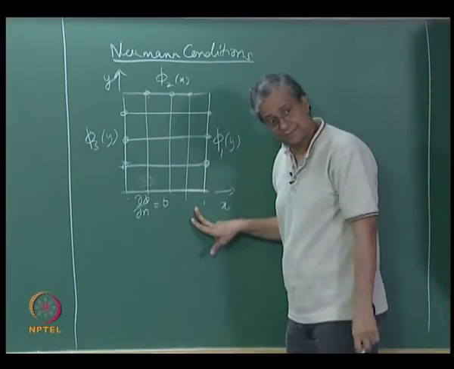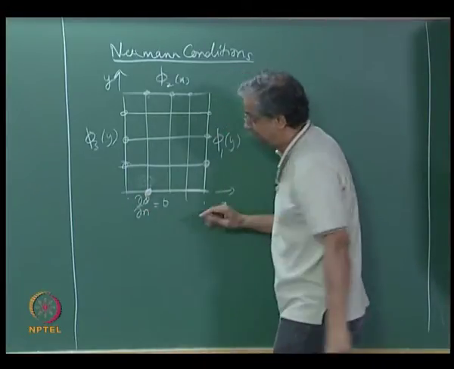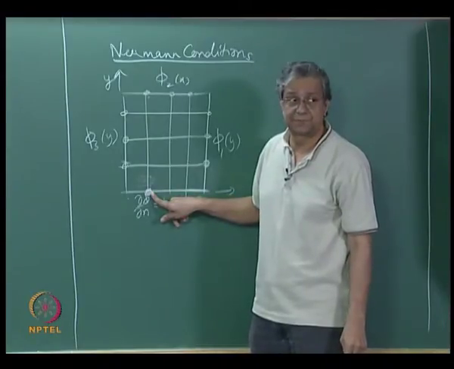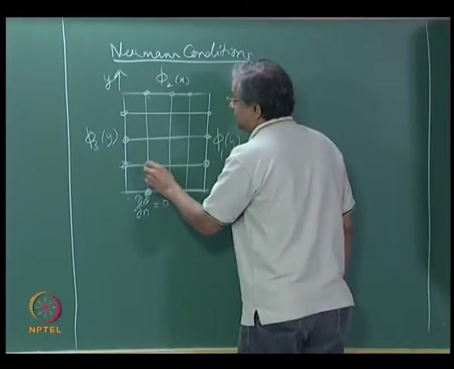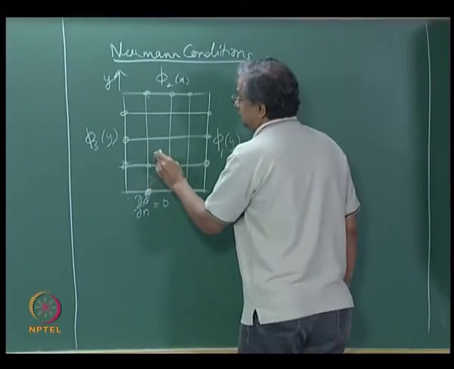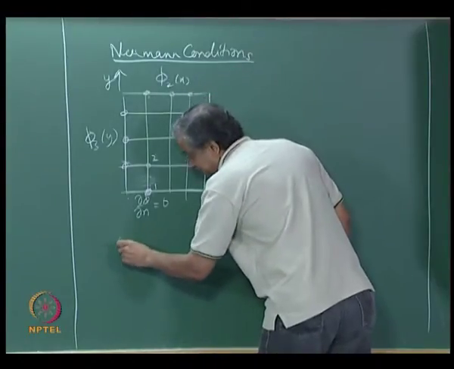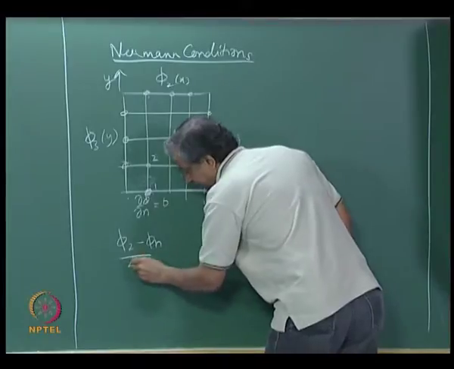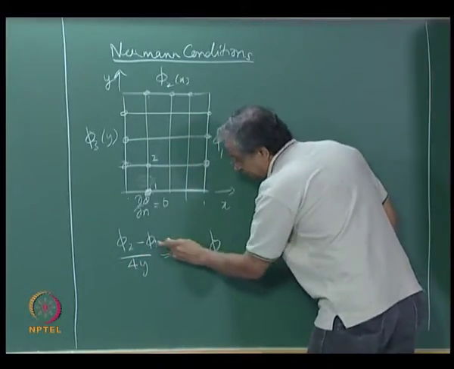So I can use a finite difference method to represent dou phi dou n at this point, okay, and there are many ways by which we can do it. One possibility is the simplest thing, so if this point is 1, that point is 2, then you can just basically say phi 2 minus phi 1 divided by delta y is 0, telling us phi 1.